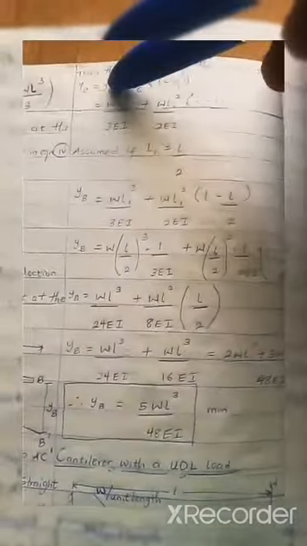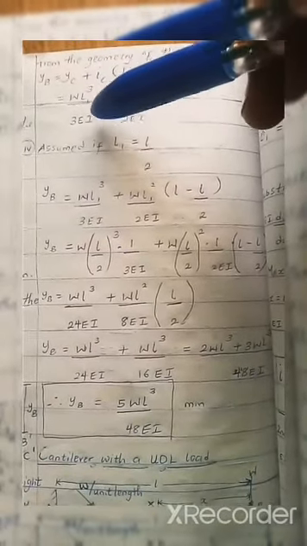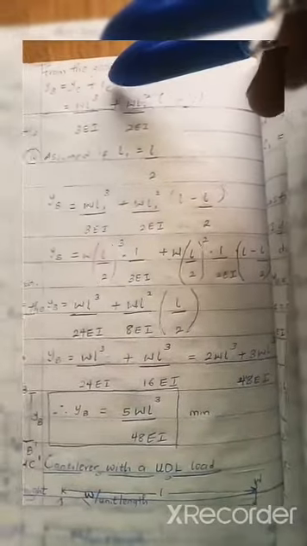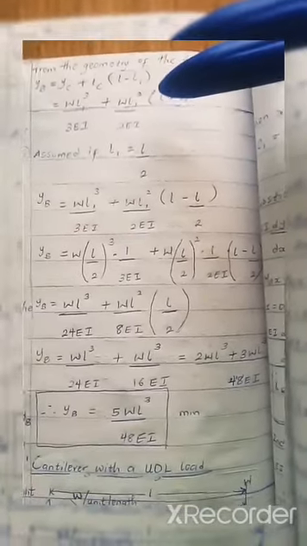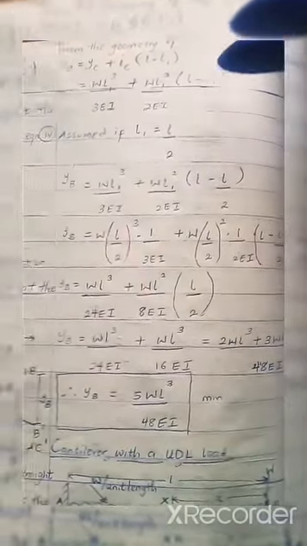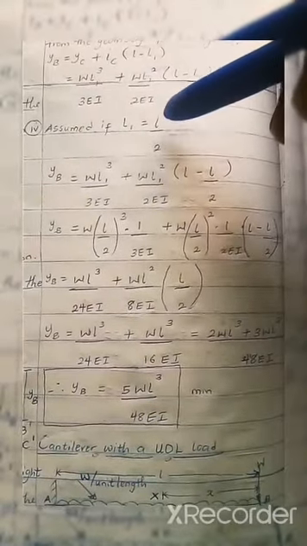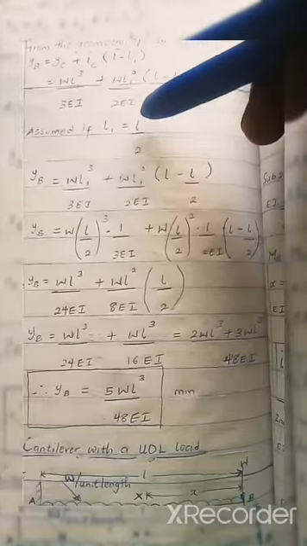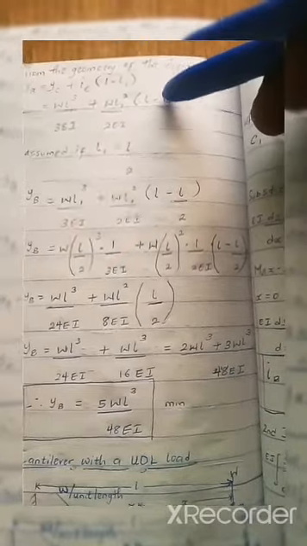So YC is this: WL1 cubed over 3EI plus the slope at point C, WL1 squared over 2EI, then in brackets L minus L1. Here we assume that L1 is equal to L over 2. Any place you see L1, you substitute L over 2.